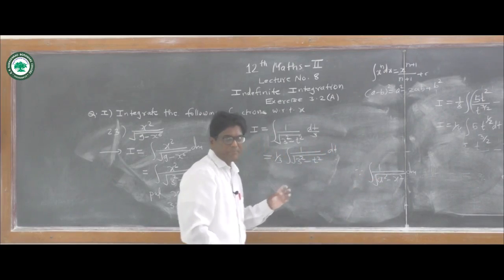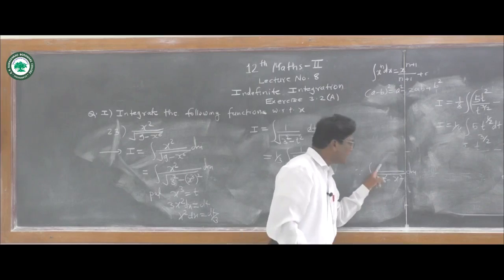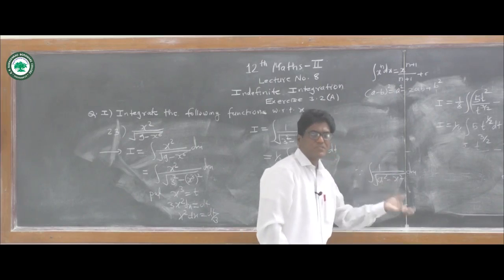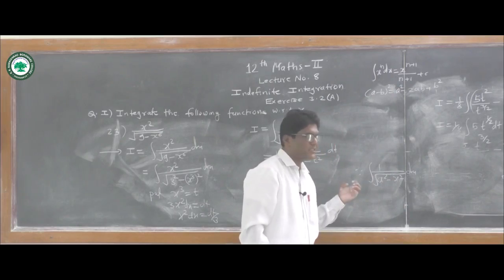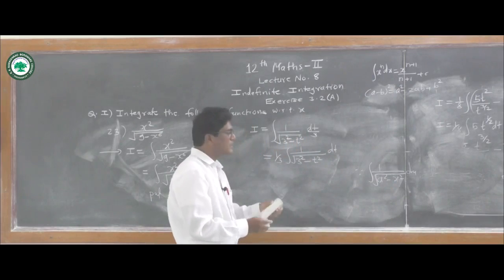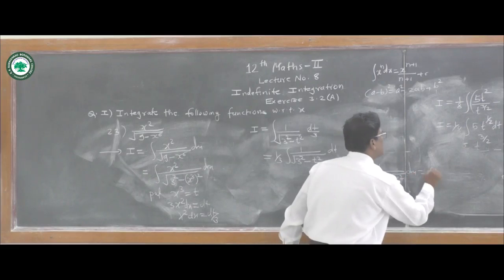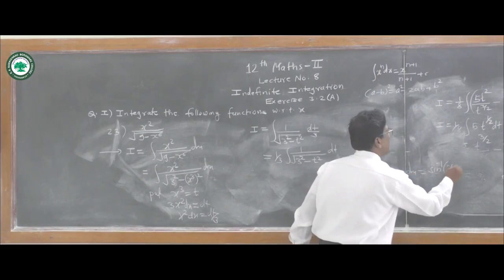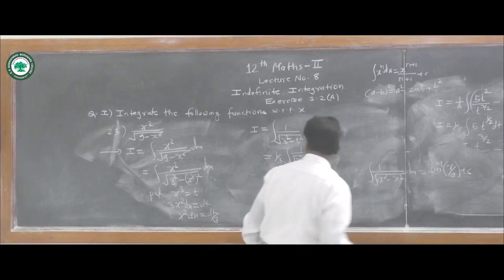Now there is one tree. Integration of 1 upon under root of a square minus x square. A square, that is constant square. Firstly constant square, then take it as a sine inverse of x upon a. So it is equal to sine inverse of x upon a plus constant of integration.